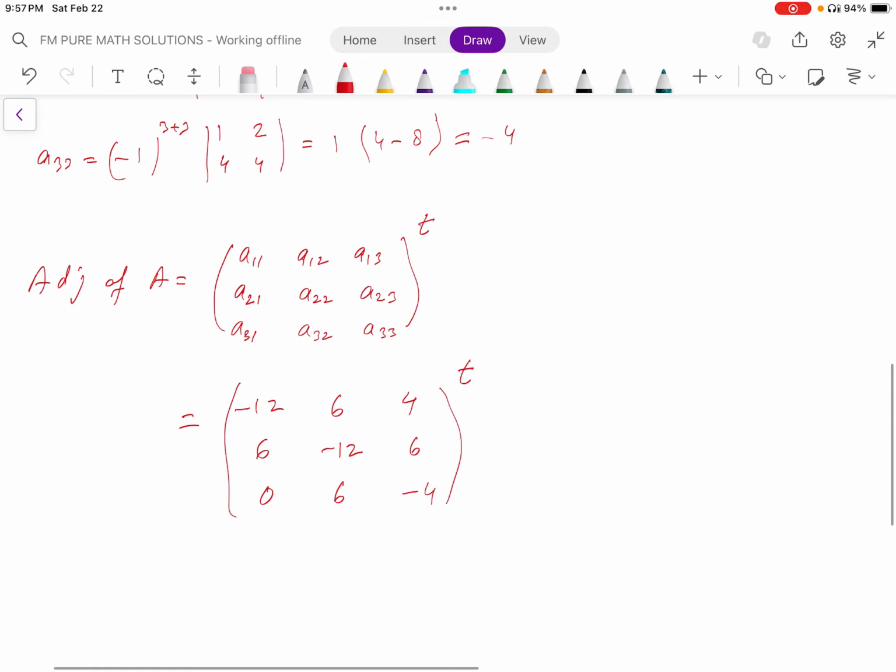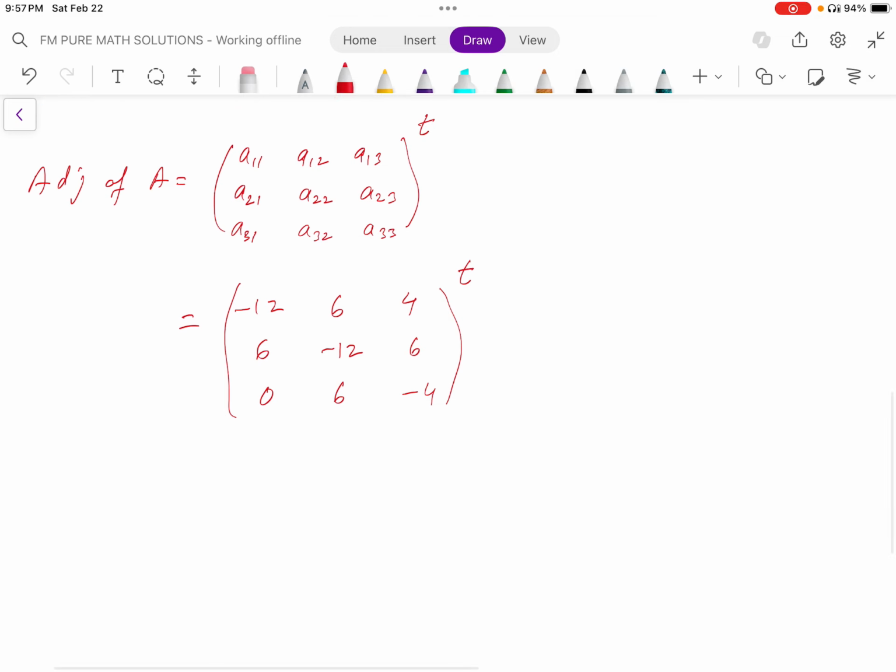And its transpose. Now transpose means all the rows will become columns. So this will become minus 12, 6, 0. This was your first column, but it becomes the first row. Similarly, the second column becomes the second row. So 6, minus 12, 6. And the third column becomes the third row.